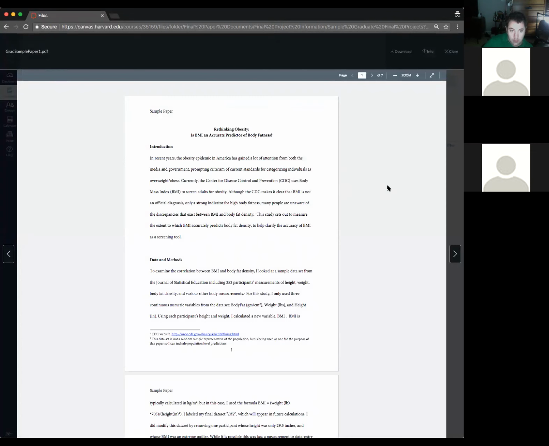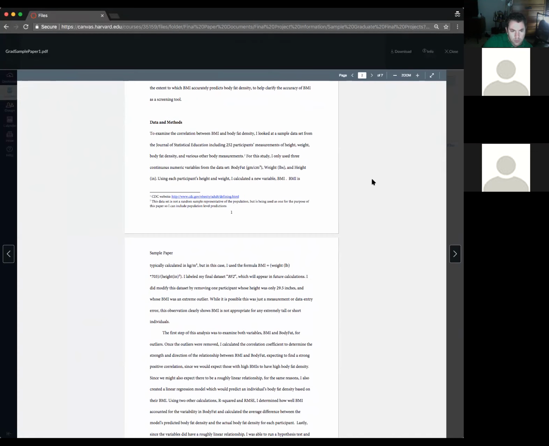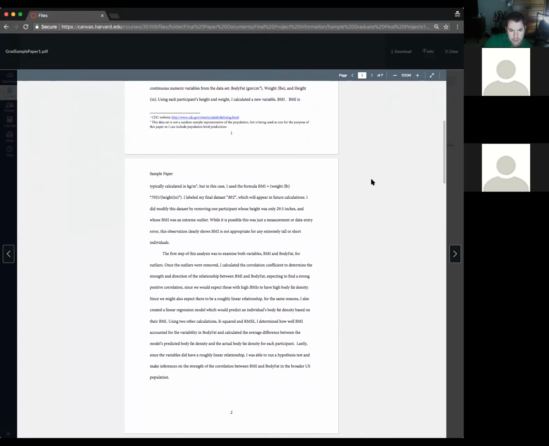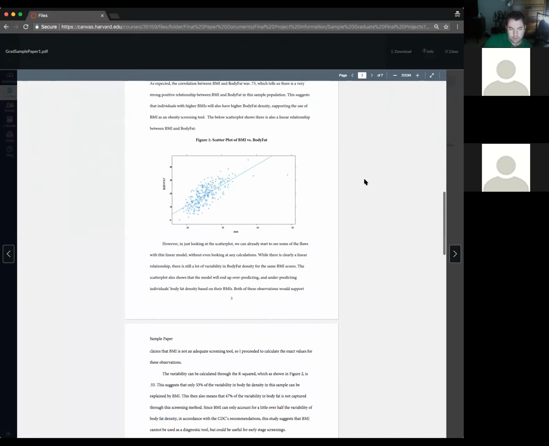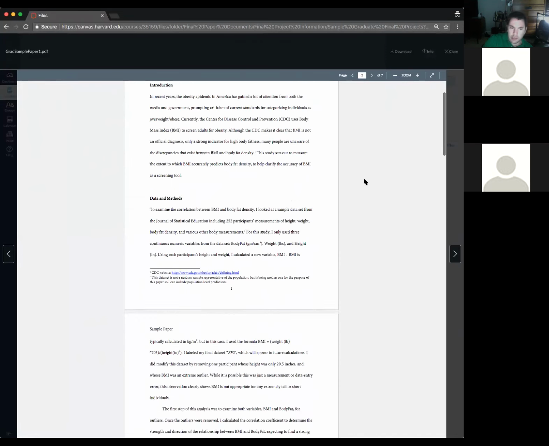This paper talks about BMI and whether it's an accurate predictor of body fat. The student looked at one of the data sets that we provided, the body fat data set. This was included in the regression lecture, if I'm recalling correctly.